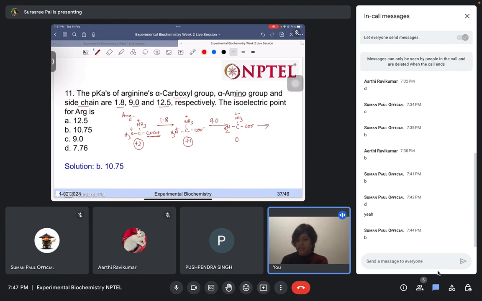Now next, at pH greater than 12.5, the arginine molecule will lose its proton from the side chain as well. So now the net charge will be minus 1. So from plus 1 to 0, pK is 9.0. 0 to minus 1, pK is 12.5.